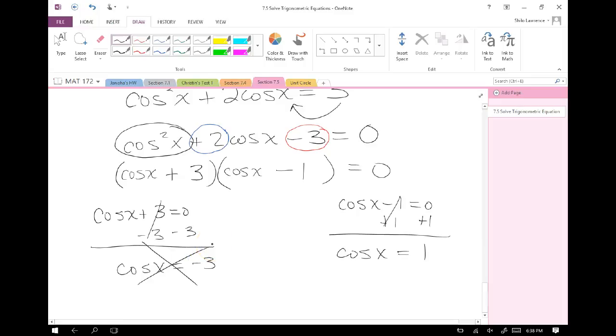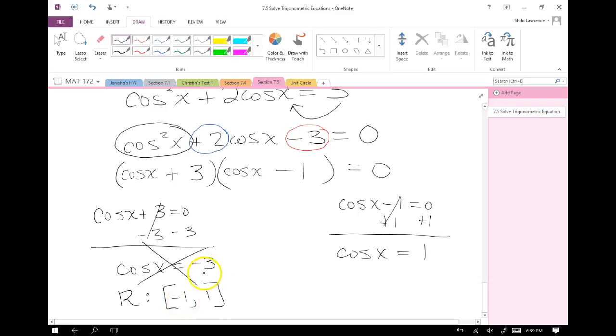This is never going to happen. Cosine of x is never going to equal negative 3. If you look on your unit circle, we can't ever find it. And that's because the range of your cosine function is negative 1 to positive 1. The only answers you ever get back from a cosine function are between negative 1 and positive 1.